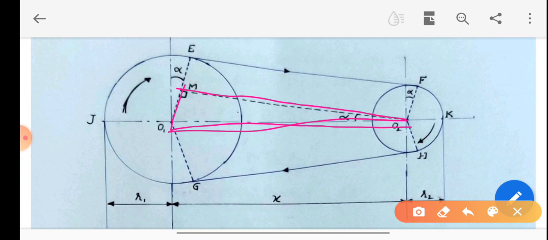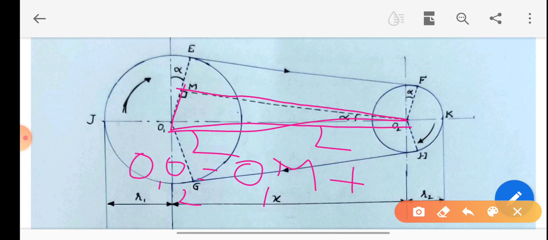From this triangle O1 O2 M, we can write the hypotenuse O1 O2 square is equal to O1 M square, which is the opposite, plus O2 M square, the adjacent.